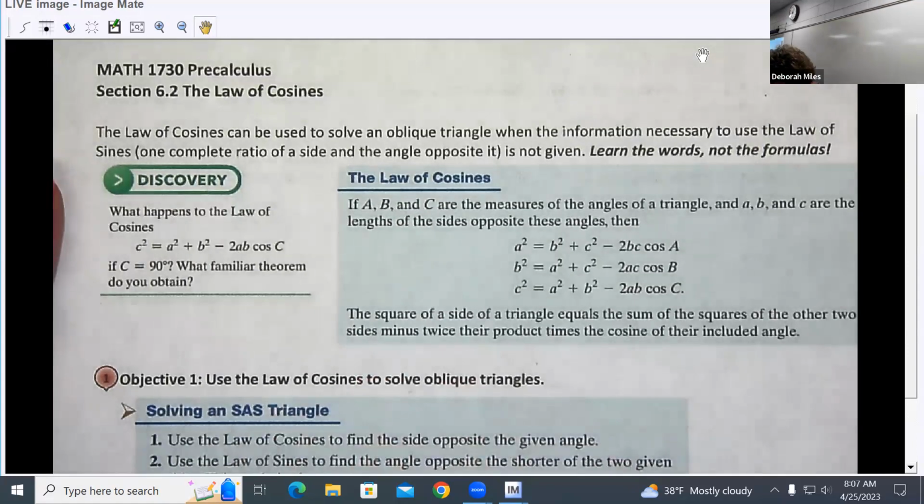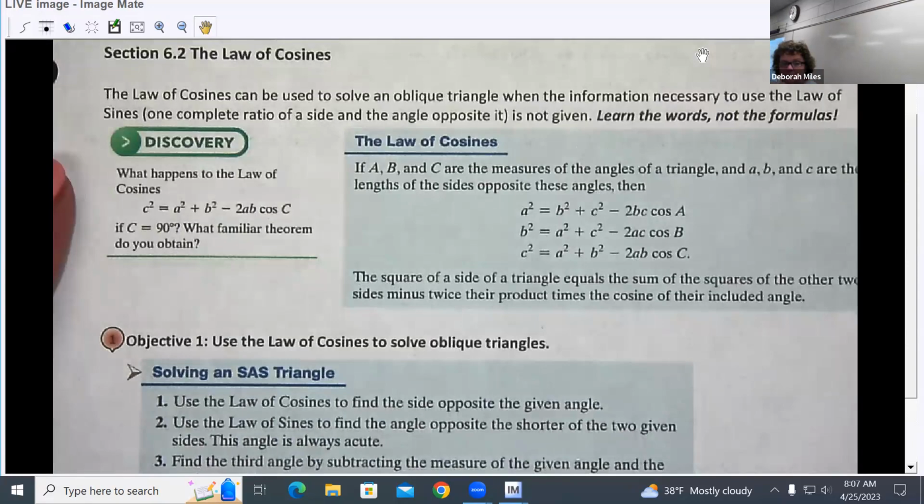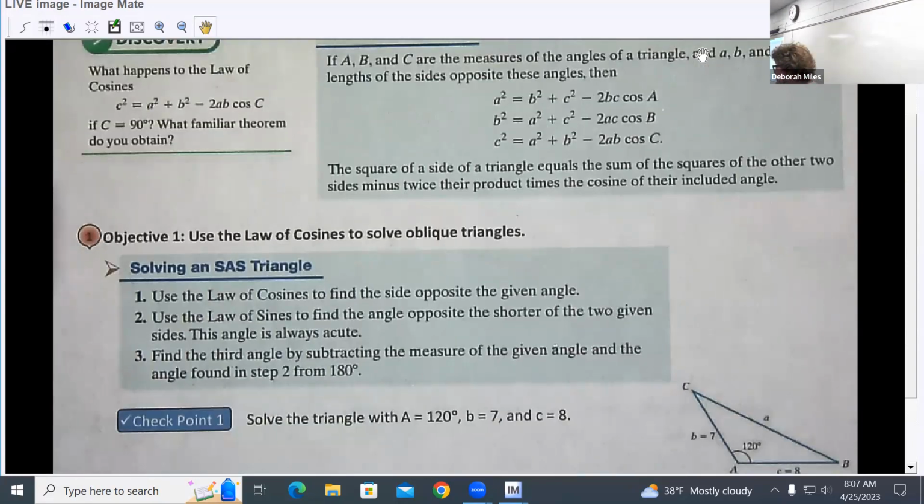Our goal in both of these first two examples, or whenever we're using the law of cosines to find a missing part, is this: after that, we're still going to have to use the law of sines.